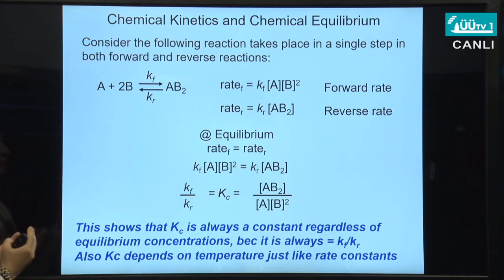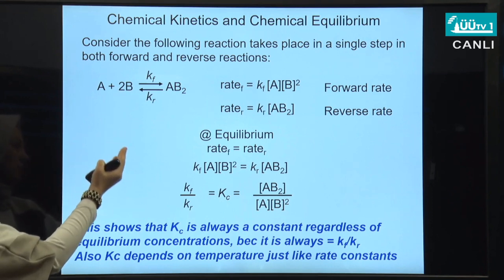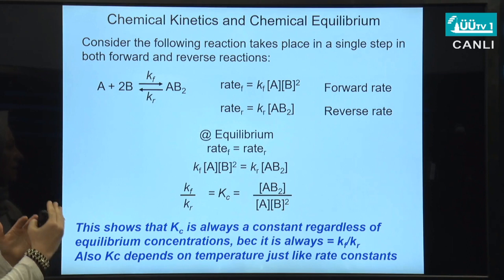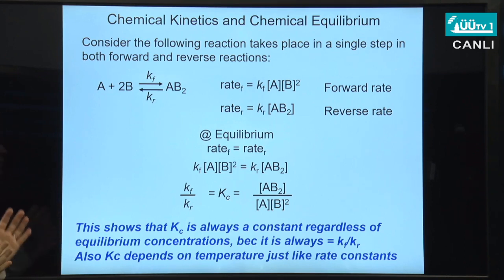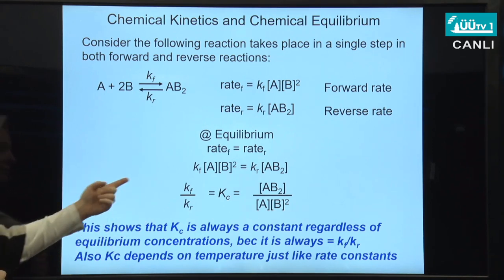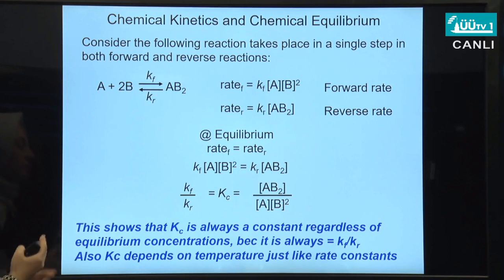So if you put the rate expressions for forward and reverse rates, you are going to obtain these expressions. So what did we say? At equilibrium, the two rates, forward rate and the reverse rate, should be equal. If you equate them, you are going to obtain that the forward rate constant divided by the reverse rate constant actually gives us the equilibrium constant Kc.